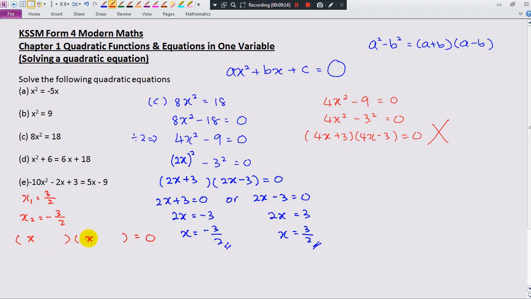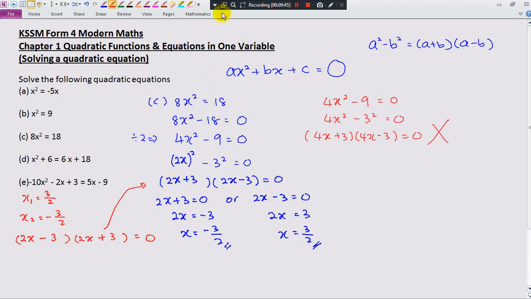If the question is using another variable, for example p, you just write p. So for the next thing, if you see positive here, you write negative. You only write 3. Where does this 2 go? The 2 goes over here. Same thing for this one. If you see negative, you write positive. You write 3. The 2 you write over here. So you see the same thing: 2x plus 3, 2x minus 3.